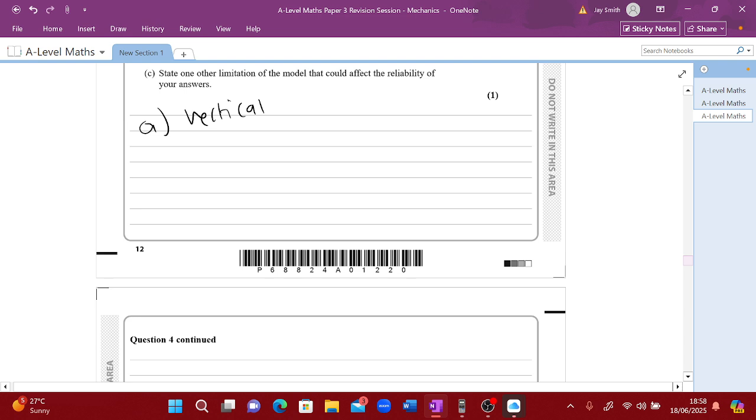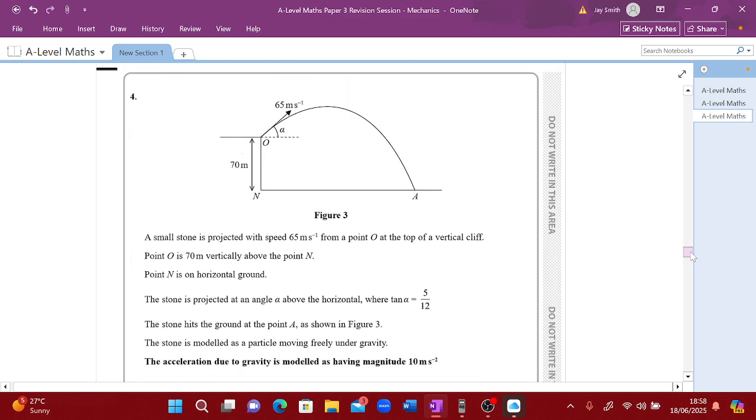So the vertical Suvat, and that's going to go upwards from O to A. Okay, so upwards is positive, and we go from O to A. So how much displacement vertically has gone on? So it starts at 70 above, and it goes to 0 at the end. So the displacement is negative 70 because it went down overall by 70. That's the displacement, the overall change in the height.